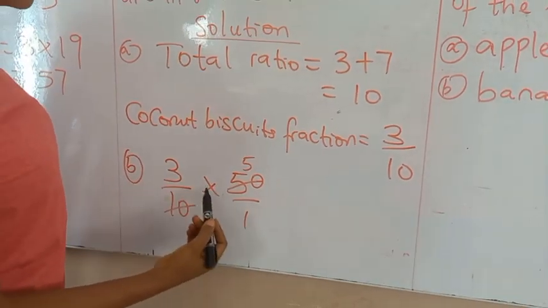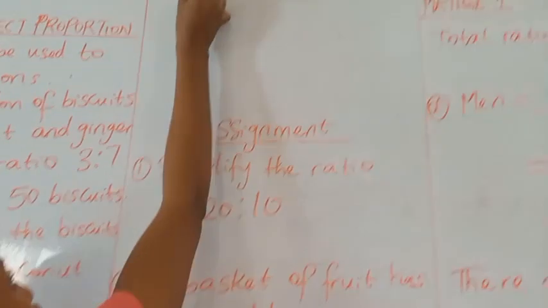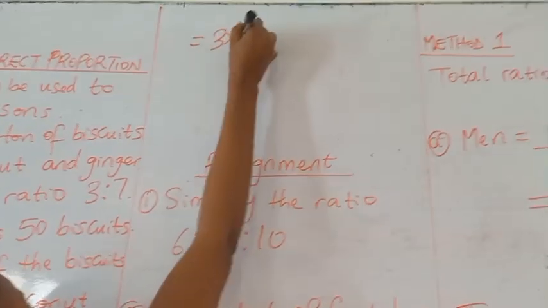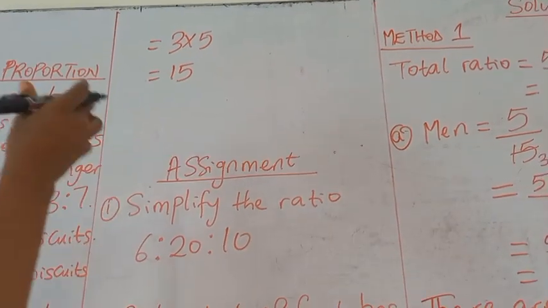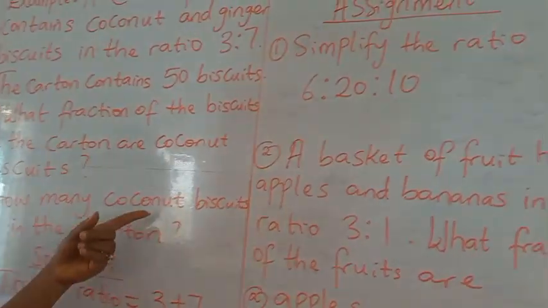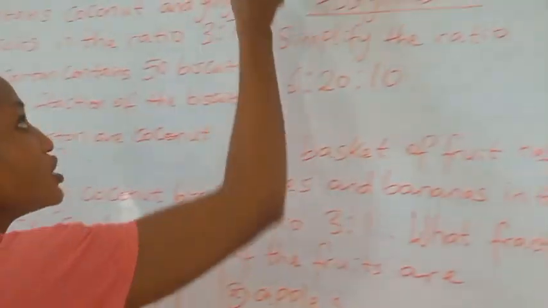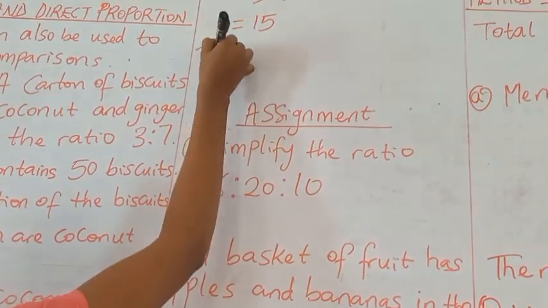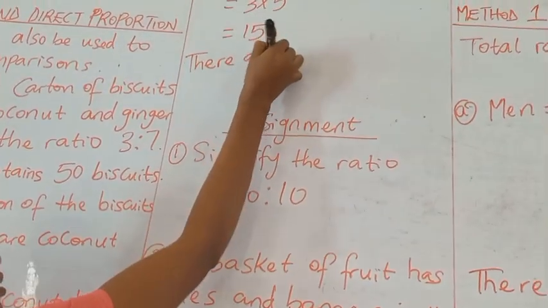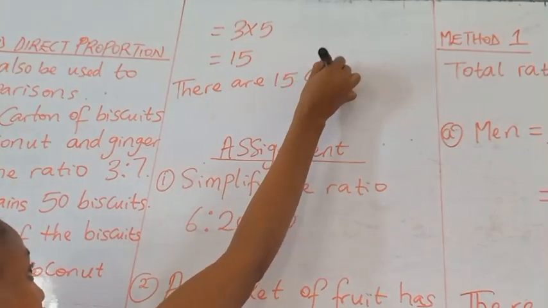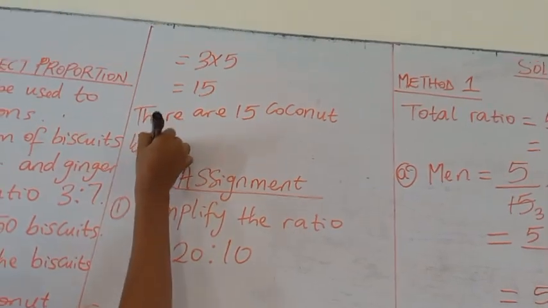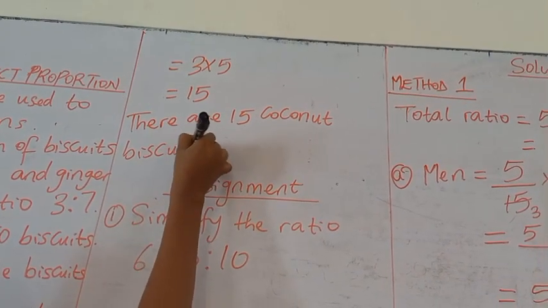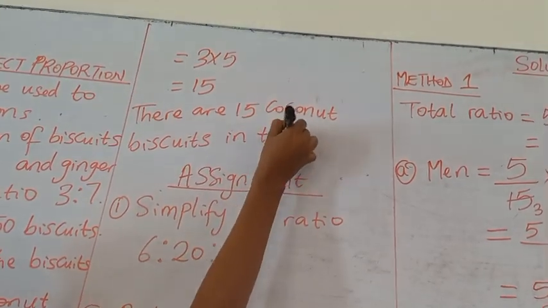So we have 3 times 5. Therefore, 3 multiplied by 5 gives 15. We have 15 coconut biscuits in the carton. You can then complete by saying there are 15 coconut biscuits in the carton.